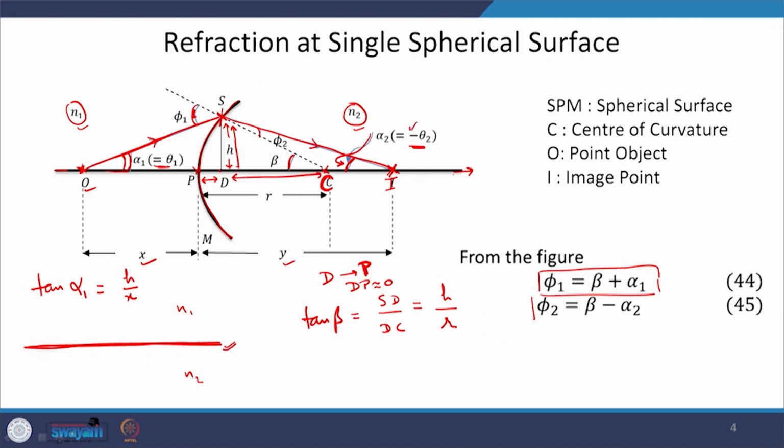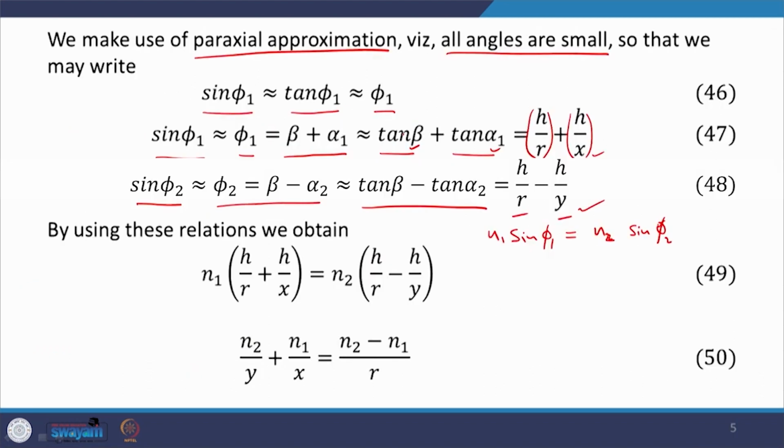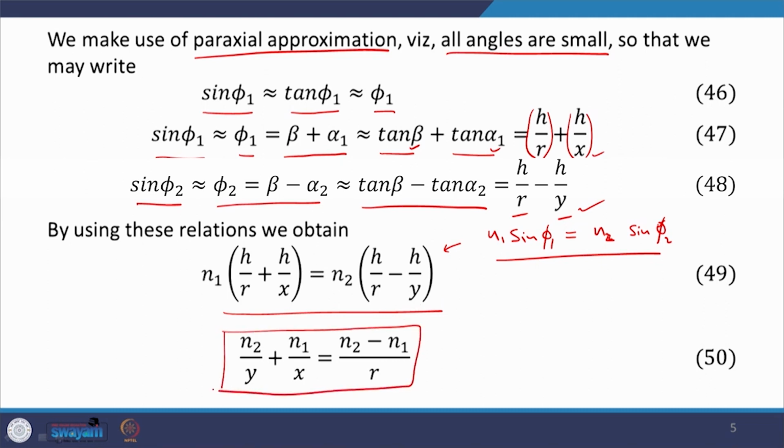This minus I will talk about later. Now, once you apply this, you will end up with this relation, and from this relation we can derive that n2 by y plus n1 by x is equal to n2 minus n1 by r. This equation number 15 relates the refractive index and the distance of object and image from the spherical surface.